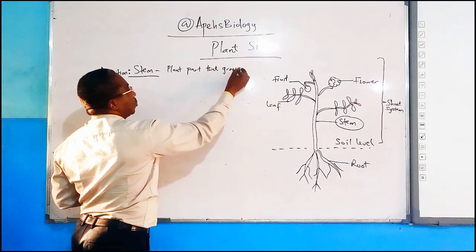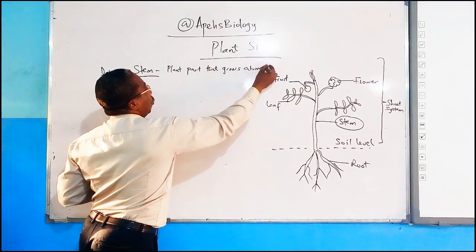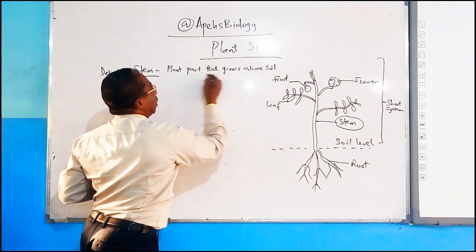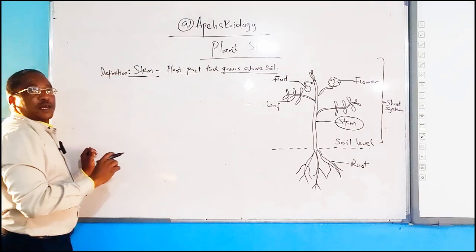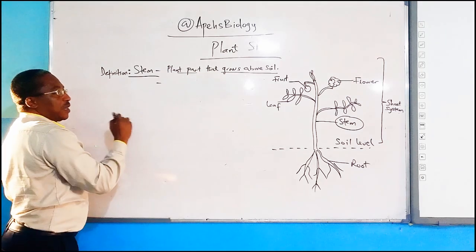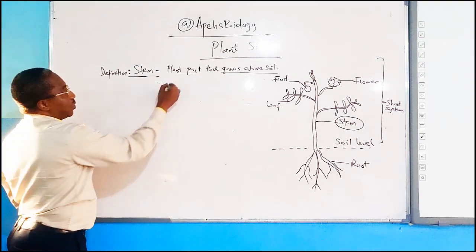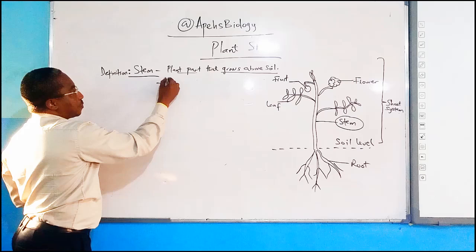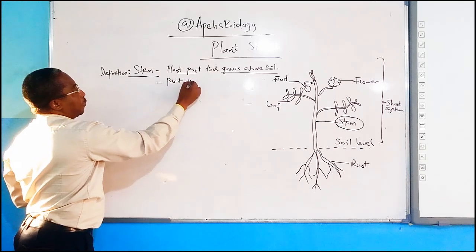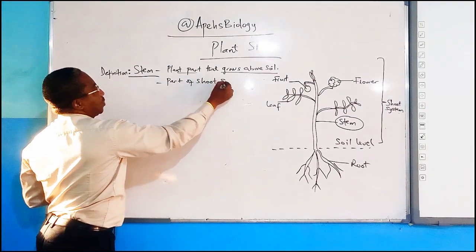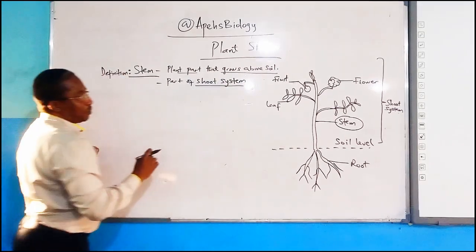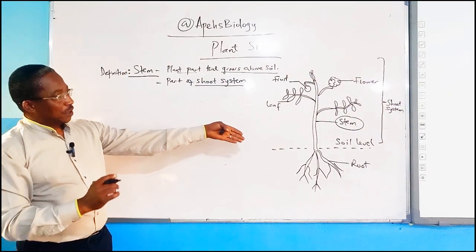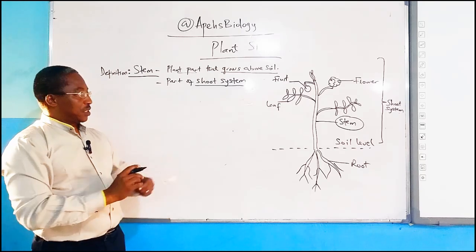Plant part that grows above soil. It's called the stem. And as you can see from one indication, it is part of the shoot system. So we can refer to the stem as part of the shoot system.